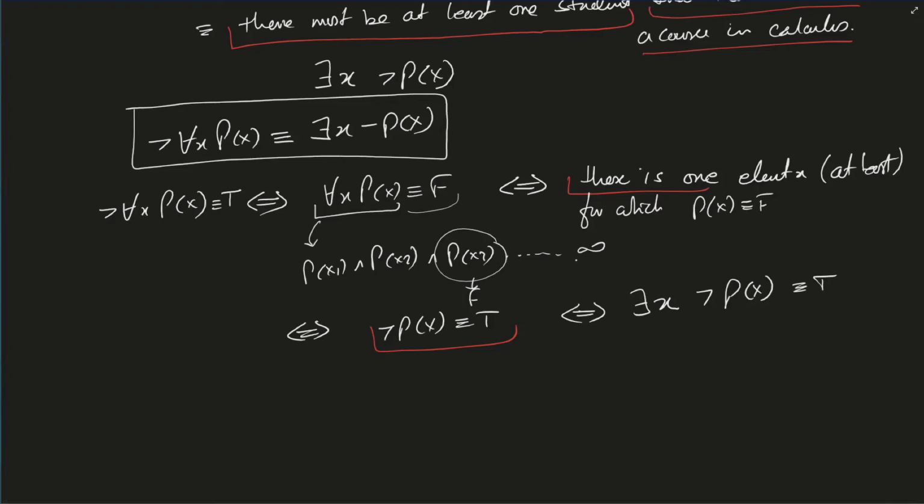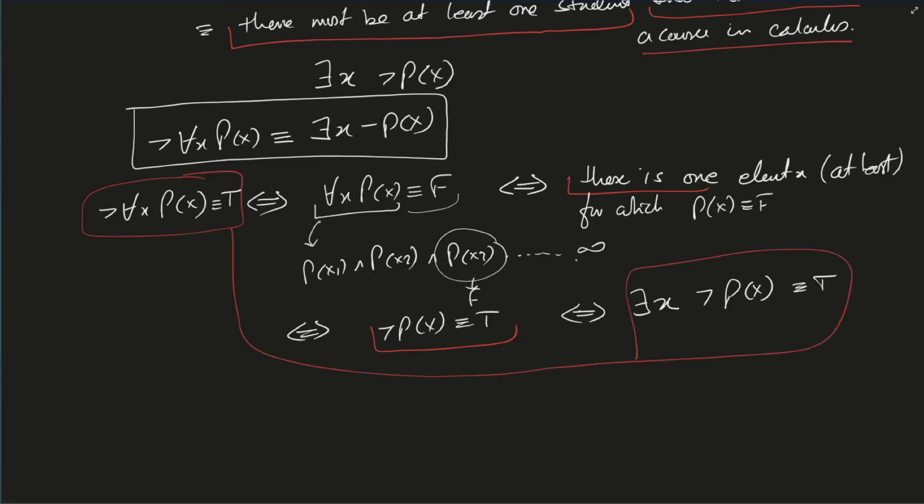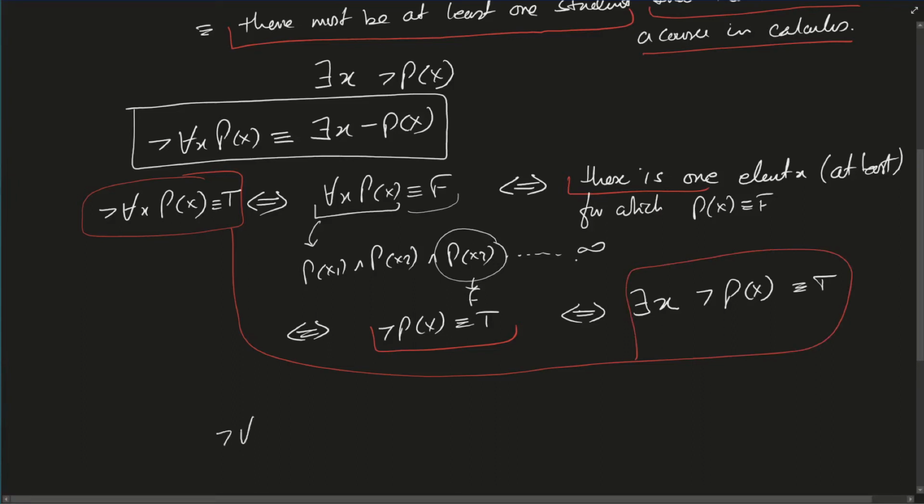So combining these two together, we can safely say that these two statements are equivalent, i.e., the negation of for every x, P of x, is logically equivalent to there exists an x, not P of x.